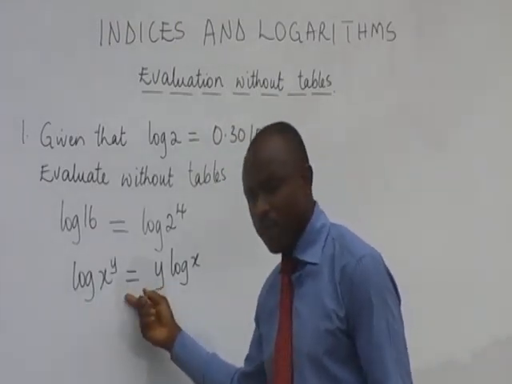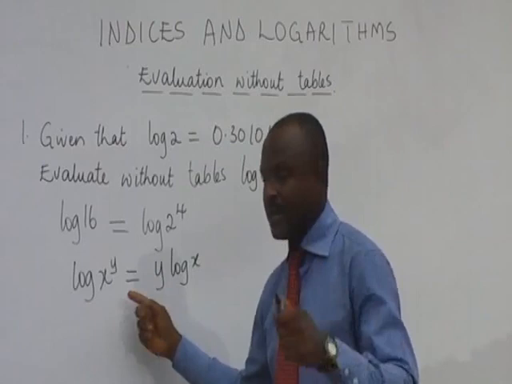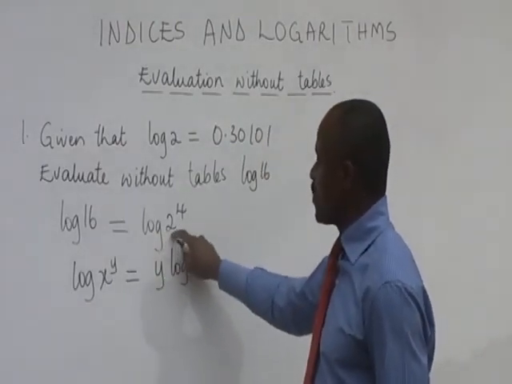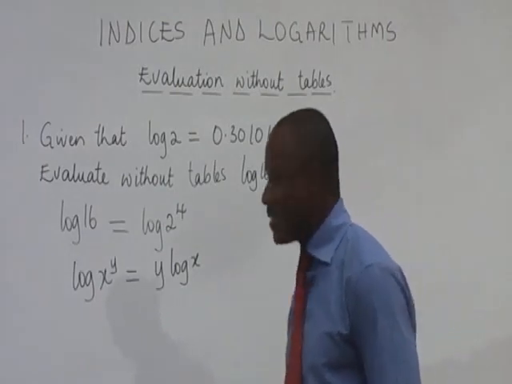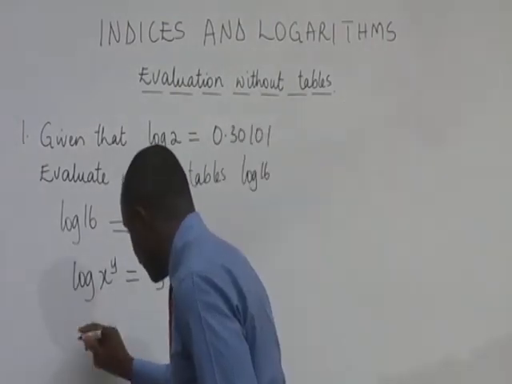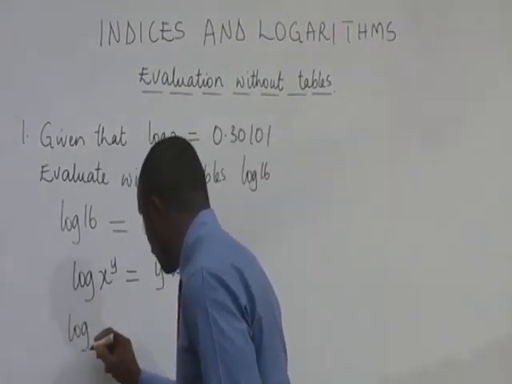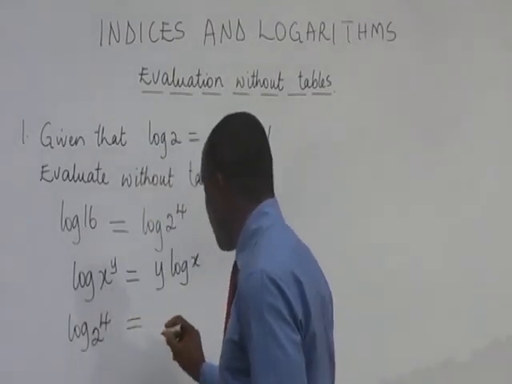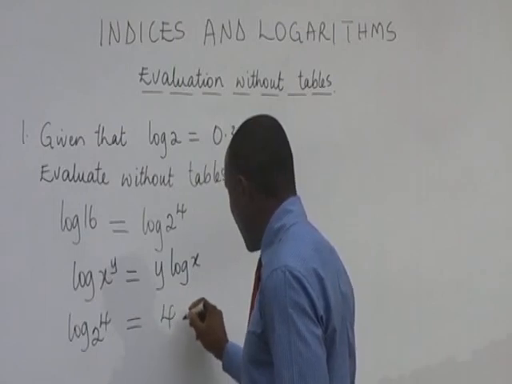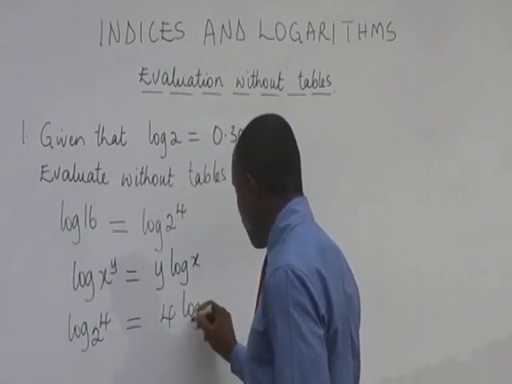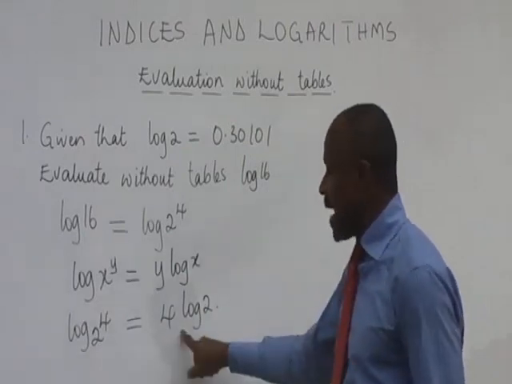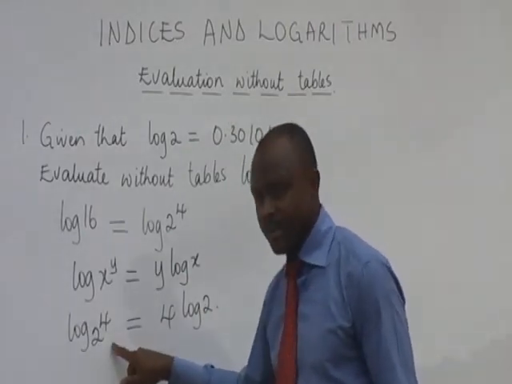Bearing this third law of logarithms in your mind, you find out that log to any base of 2 exponent 4 has the same value as 4 log of that same base of 2. We have applied the third law of logarithms here.